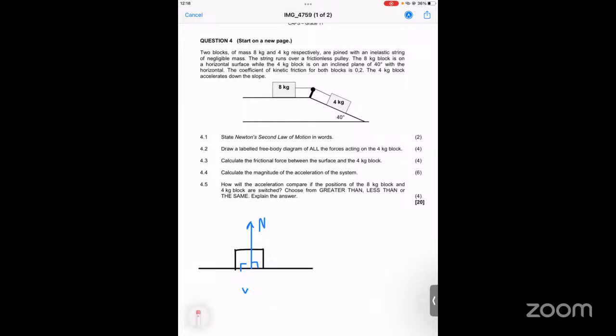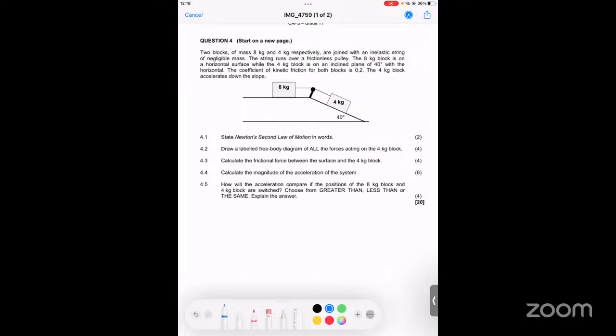Now let's have a look at this one. Maybe again on a flat surface, and then we have that object.